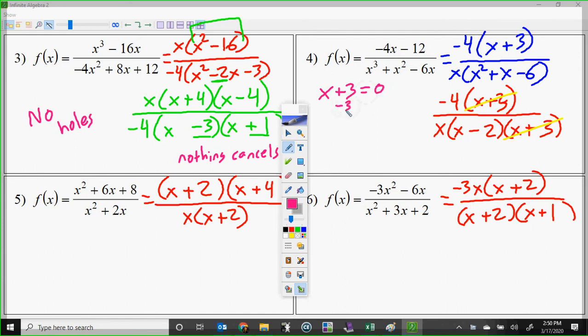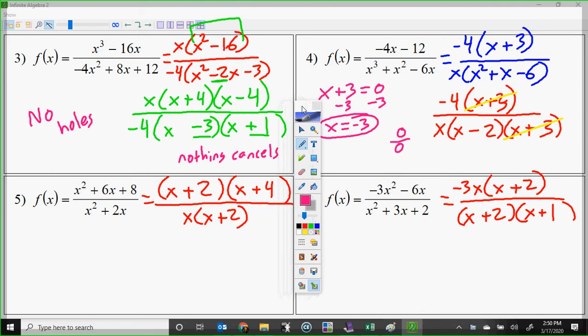I'll subtract 3 from both sides and get x equals negative 3. So I have a hole at negative 3. What that means is if I plug negative 3 in for x, the top of my fraction would be 0 and the bottom of my fraction would be 0. I get 0 over 0. I can't have 0 in the denominator, period. But when I specifically have 0 over 0, that's what tells me I have a hole in my graph.